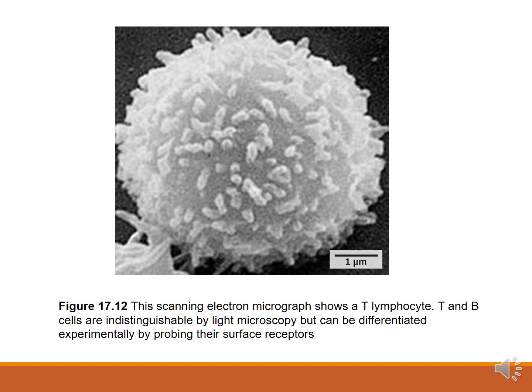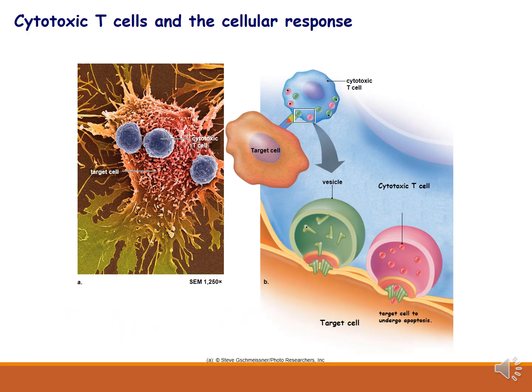This is showing a T cell or T lymphocyte. This slide is showing a cytotoxic T cell. These cytotoxic T cells will target cancer cells or virally infected cells and cause them to undergo apoptosis.